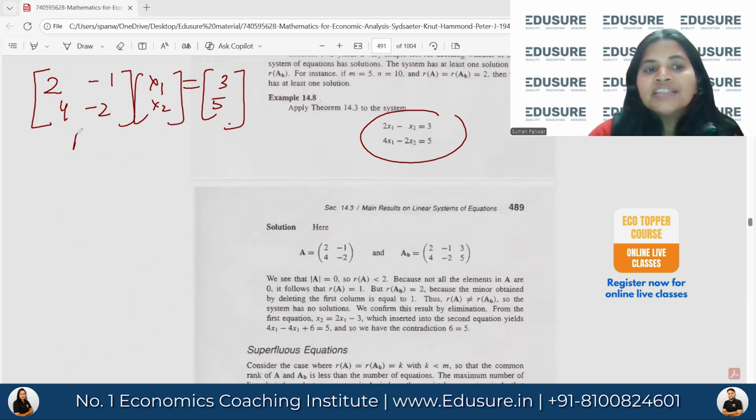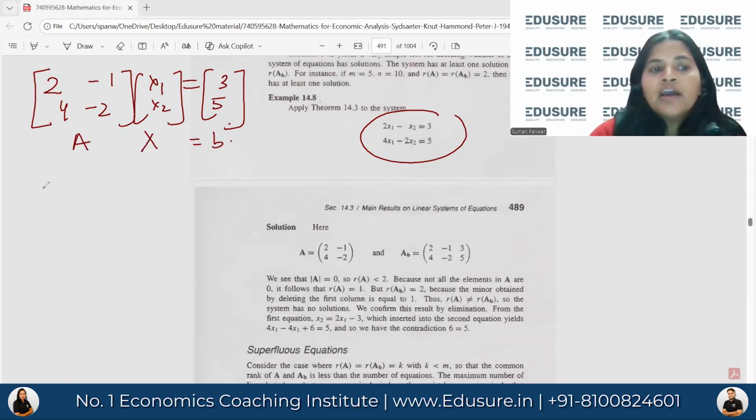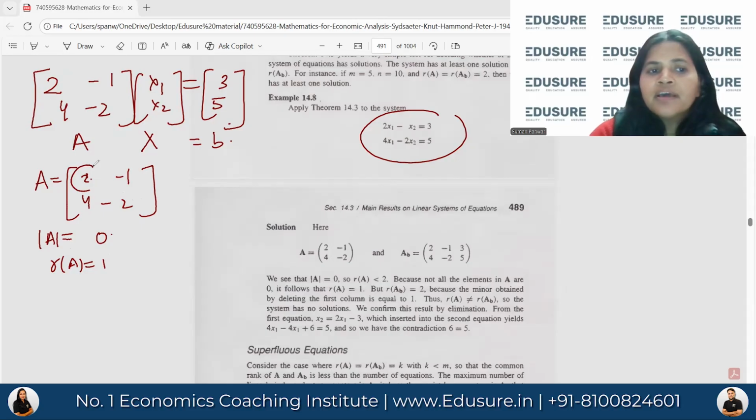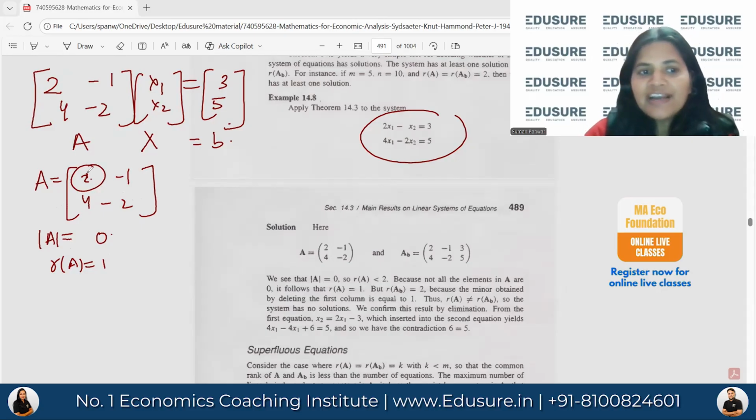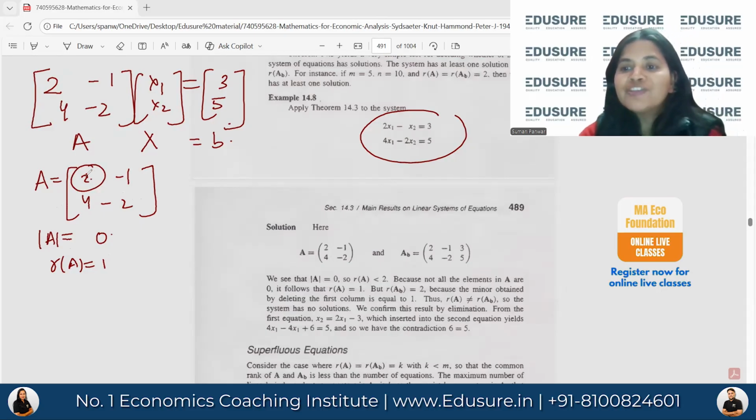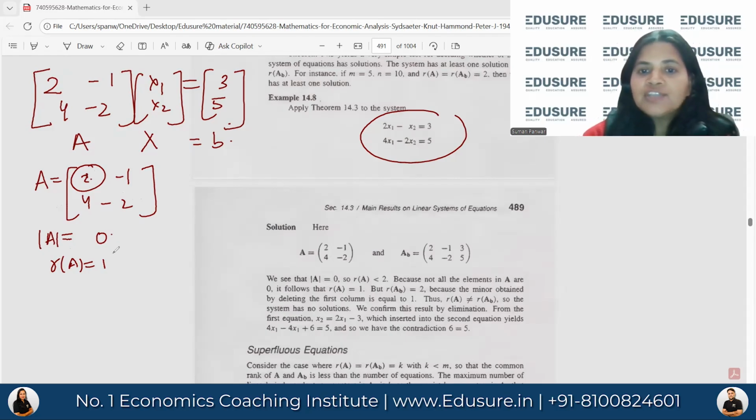Okay, so this is my A, this is my X, this is my B. So let us look at A. So A is 2, minus 1, 4, minus 2. Okay, so what is the determinant of A? The determinant of A is 0. So the rank of A is 1 because it is not a null matrix. There is at least one minor which is non-zero. So the rank of A is 1.